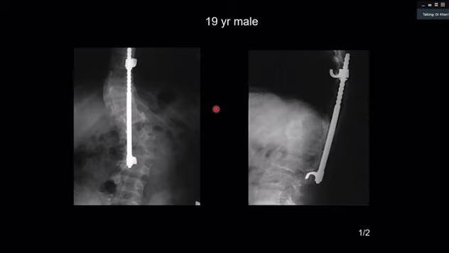Okay, can you please once again take over and describe this case for us? These are frontal and lateral radiographs of the lower thoracic and upper lumbar spine for a 19-year-old male. There is long segment spinal instrumentation through the posterior elements. There is also a scoliosis of the imaged portion of the spine.